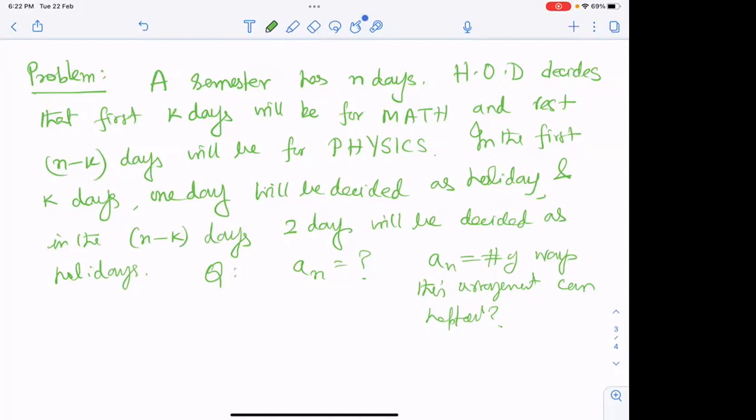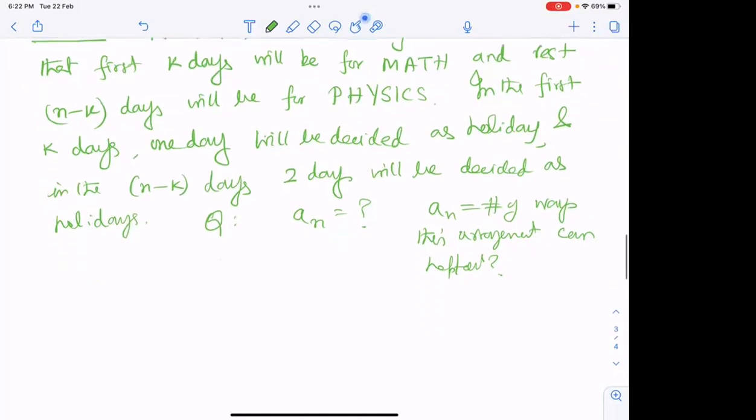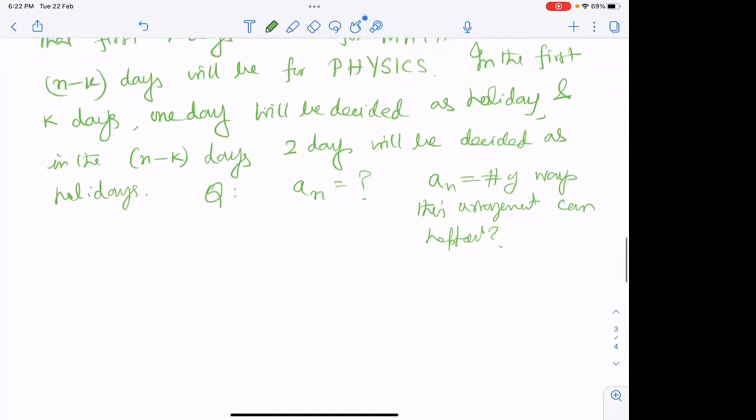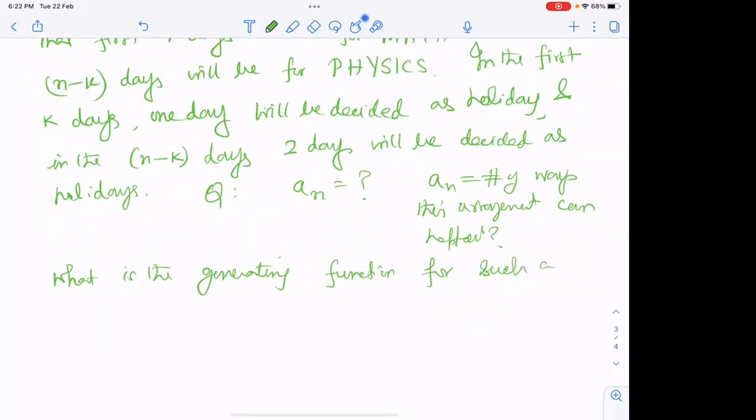Obviously K can be anything. And the second question is, what is the generating function for such a sequence? That means there are two questions. Find a combinatorial expression for an and then convert it to a generating function.